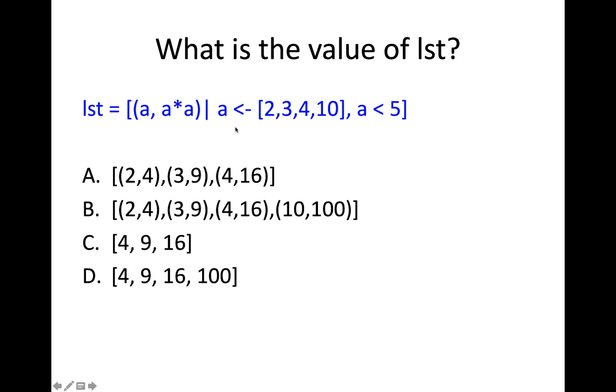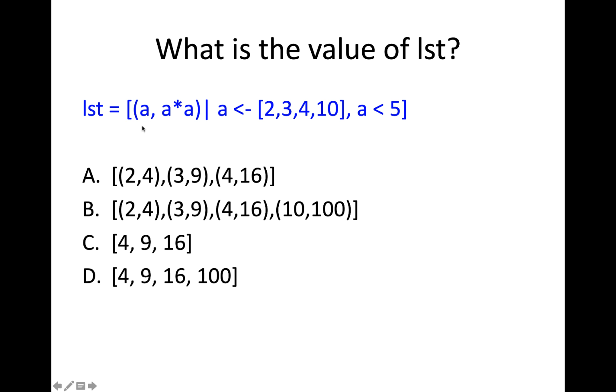What is the value of this list? Here also we see the list comprehension technique, this vertical symbol and a bunch of generators. a is getting generated from these possibilities, and there is also a condition that a is less than 5, so that means ultimately out of these, a can be 2, 3 and 4.